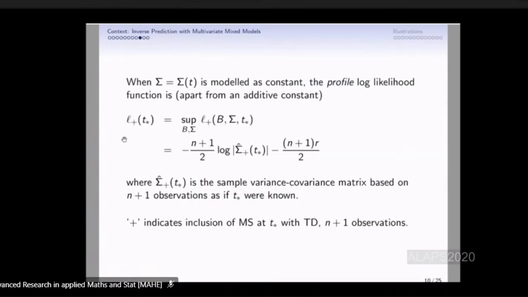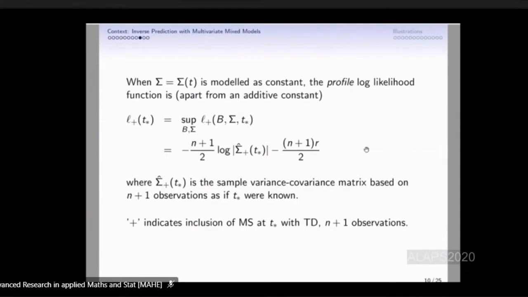The likelihood function will assume multivariate normality, and the profile likelihood function then is the supremum over the parameters B and sigma, in this case for fixed but unknown sigma, of the likelihood function of the n+1 observations.